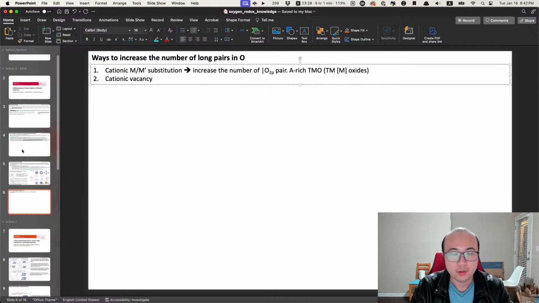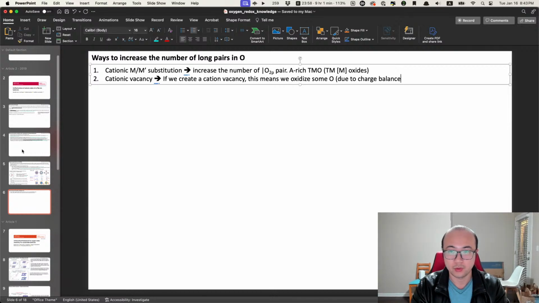Cationic vacancy. So if we create a cation vacancy, this means we oxidize some oxygen due to charge balance.